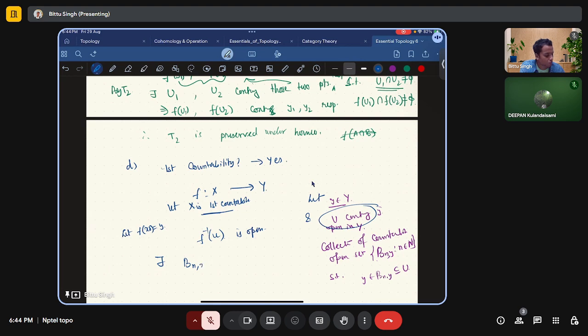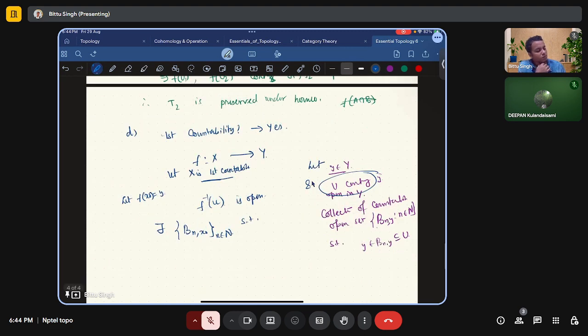Then for this x0, there exists this collection B_{n,x0}, n belongs to N, such that x0 belongs to B_{n,x0} contained in f inverse of U. Now just apply f.